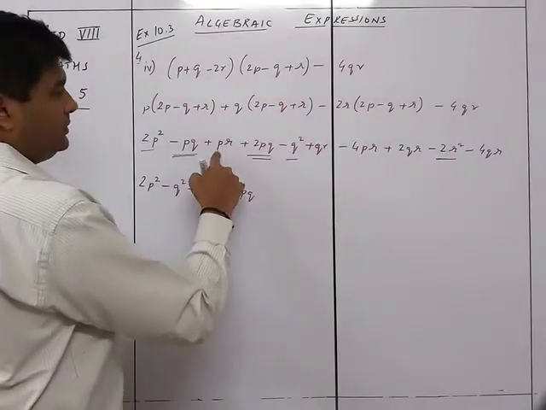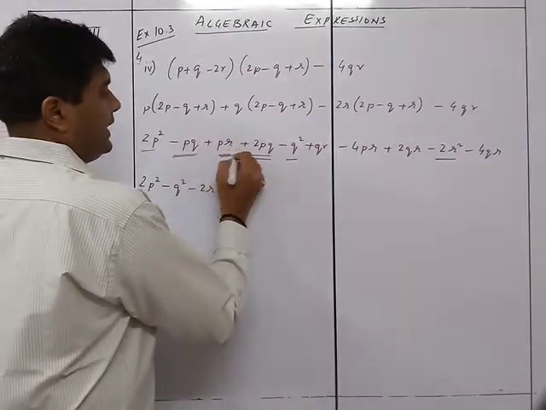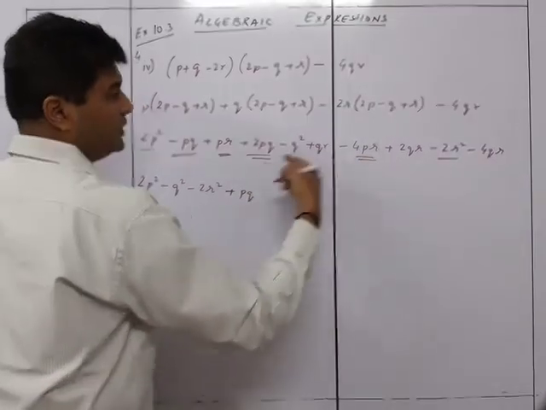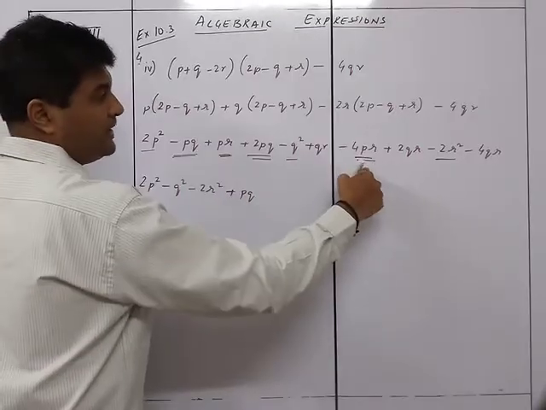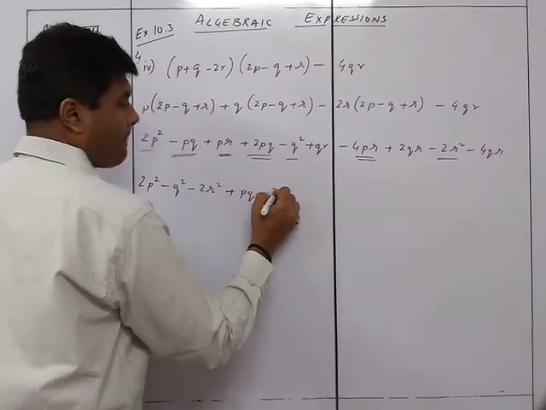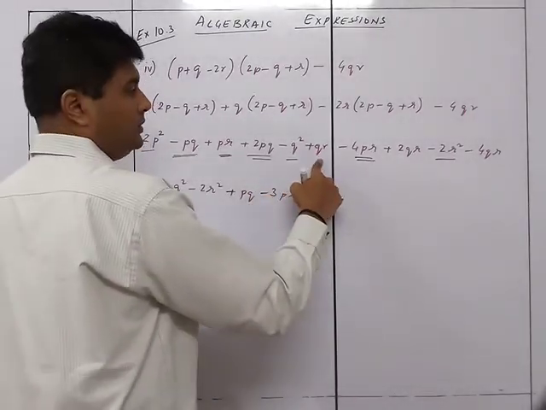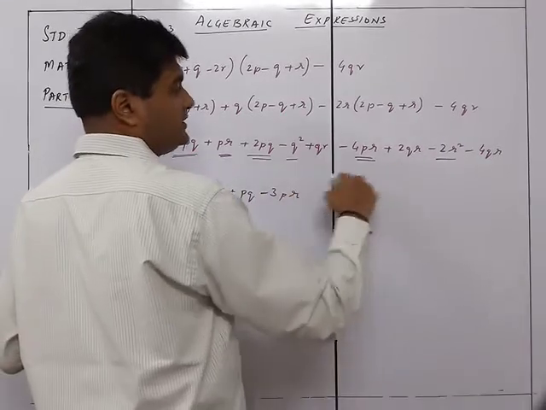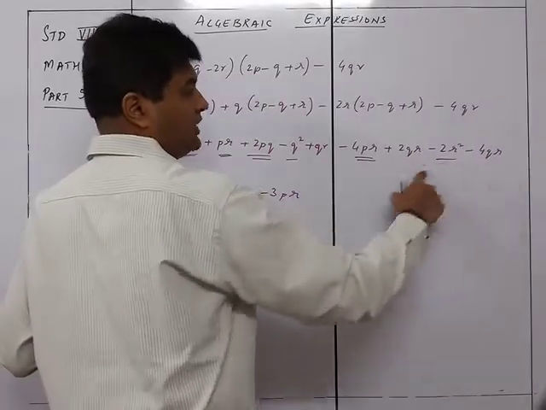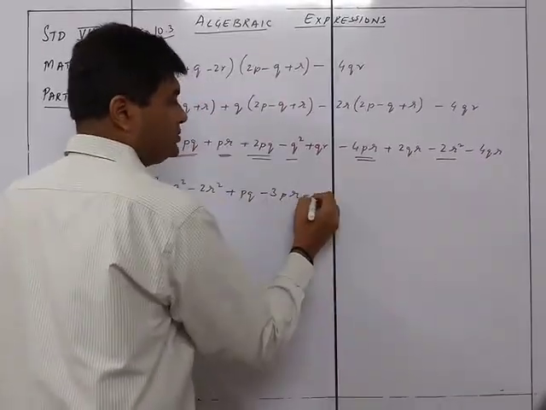Now you take PR. PR over here and PR over here. No other PR. So it is PR plus minus 4PR is minus 3PR. Now QR. QR plus 2QR is 3QR, minus 4QR. 3 minus 4 is minus 1. So minus QR.